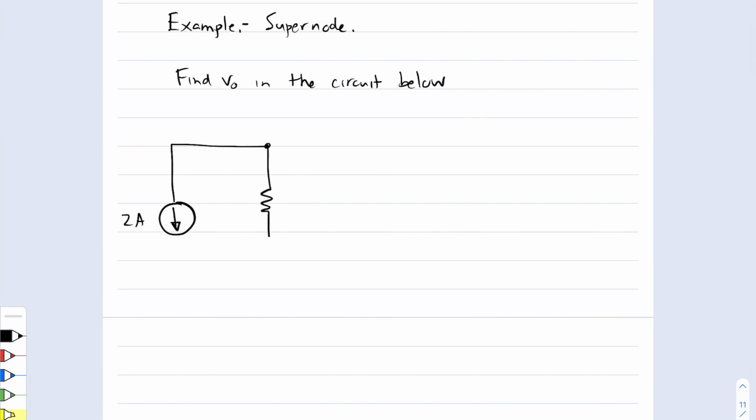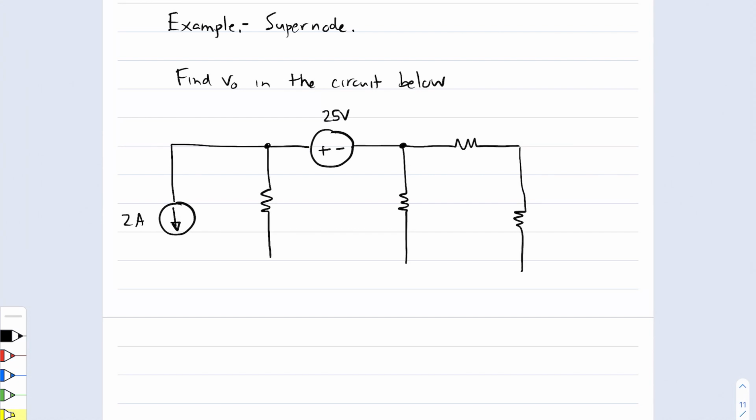It then is hooked up to a resistor here. There's an independent voltage source with that polarity that provides us with 25 volts. There's another resistor there, and then lastly, a resistor there, and then the entire thing is connected.